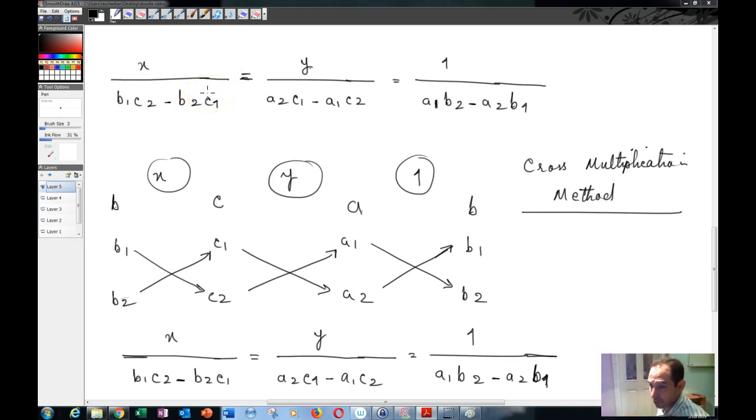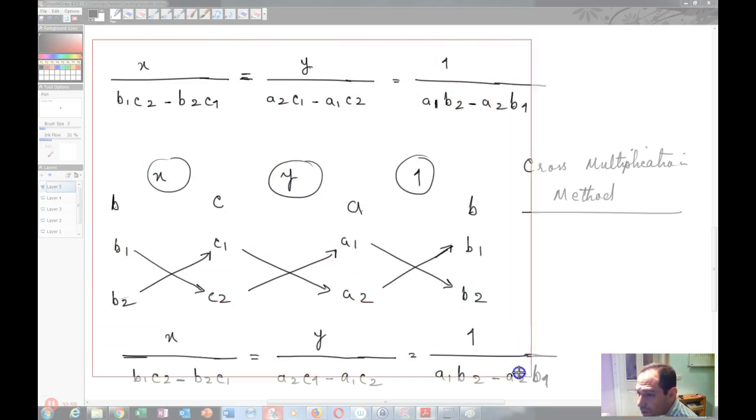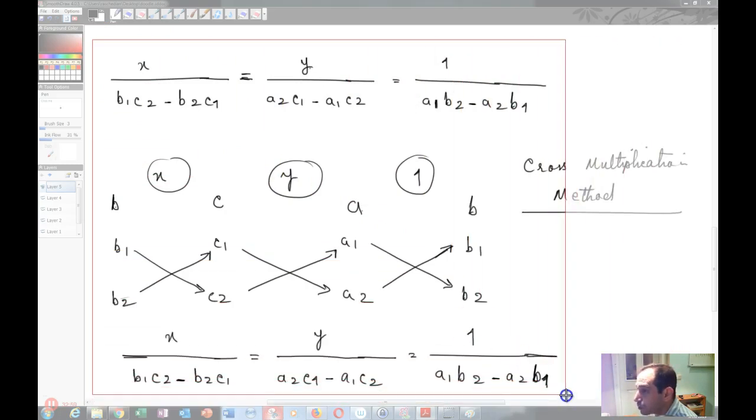I'll show you what you can do with that. Okay, so now there is some discussion, but before we move any further, let me make a screenshot of here, because I might need this thing.